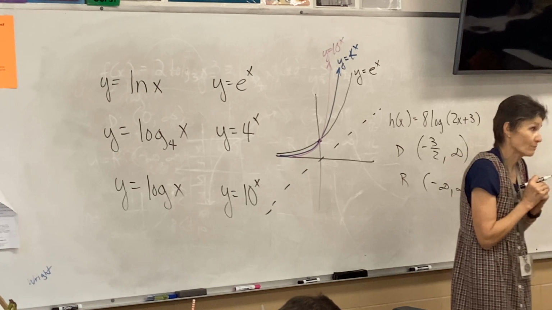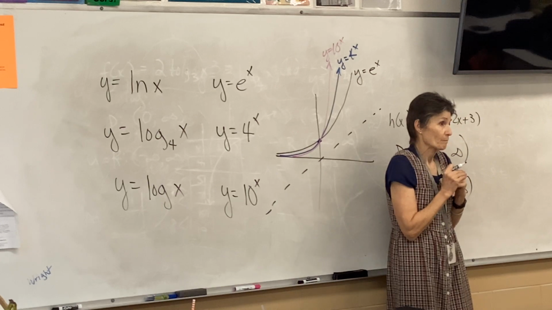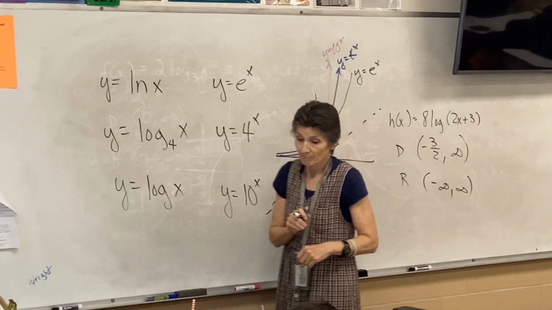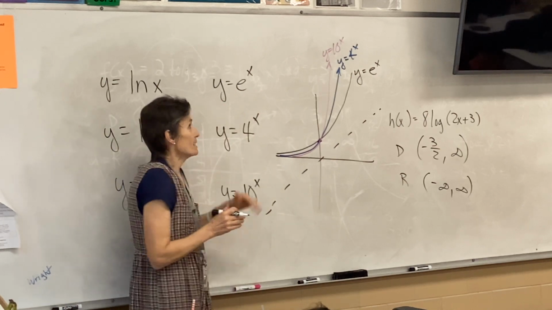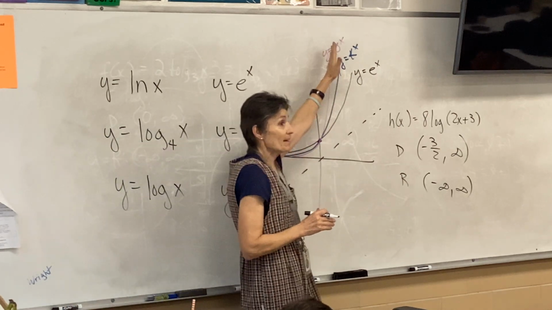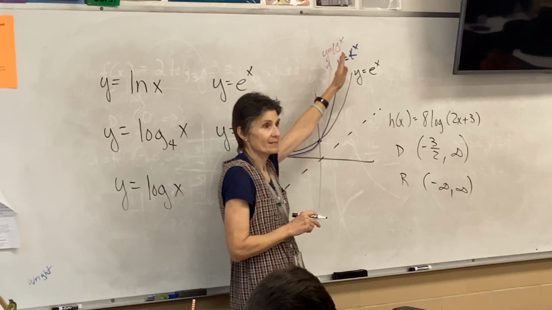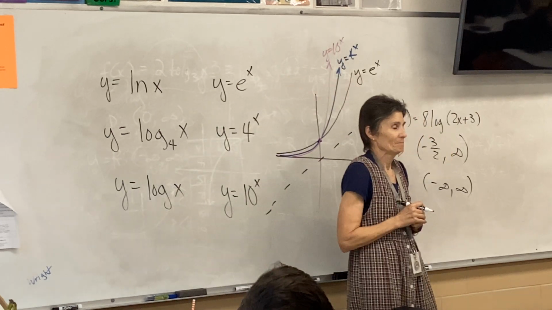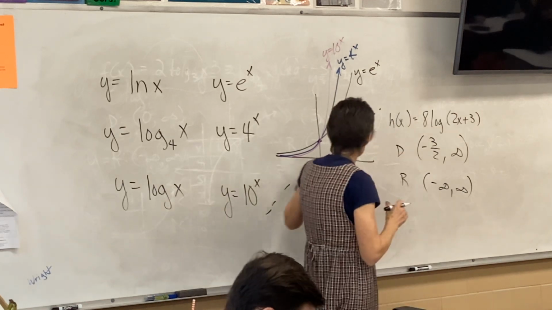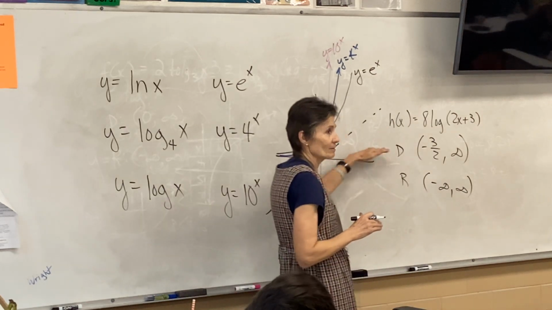Just remember, they're inverses of each other. Okay. So another way to think about it is, since 10 to the x rises fastest, the inverse is going to rise slowest. So your log is going to be down here.